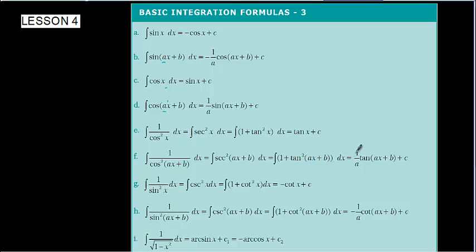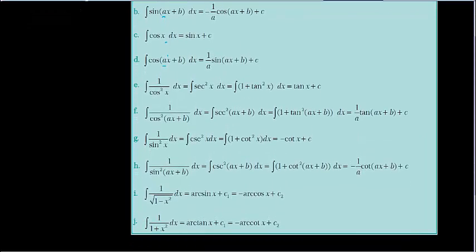It's going to be 1 over a here. If it is 1 plus cotangent square, it's minus cotangent x. And 1 plus cotangent square ax plus b, we are going to have minus 1 over a cotangent ax plus b.